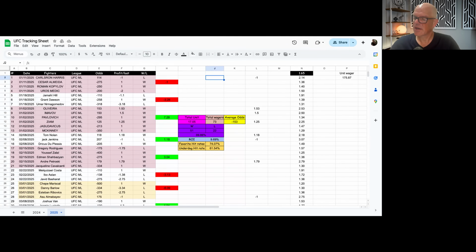There are 31 days in the month of May. You've made 1.75 units of profit. Today is the 22nd, so for 21 days, 1.75. So we take 1.75 divided by 21. You're making 0.08 units. You take this number times 31. You're on pace to make 2.58 units for the month of May.